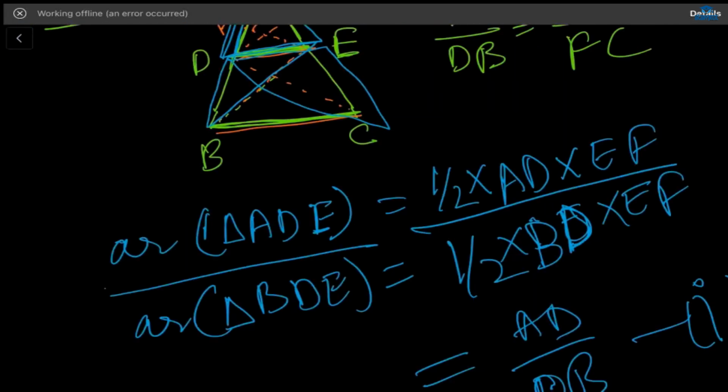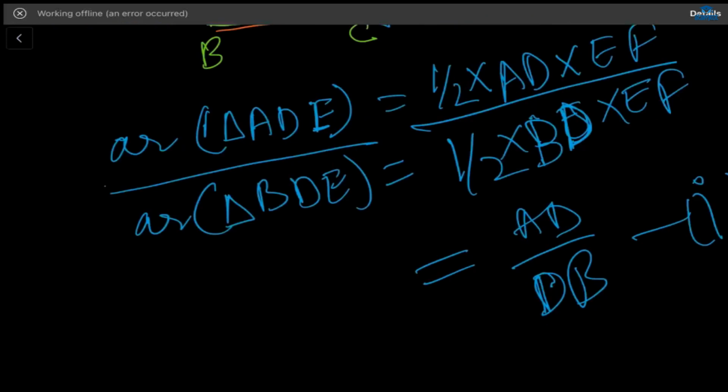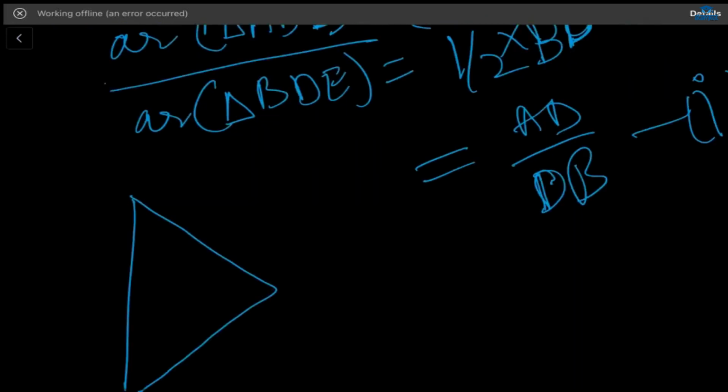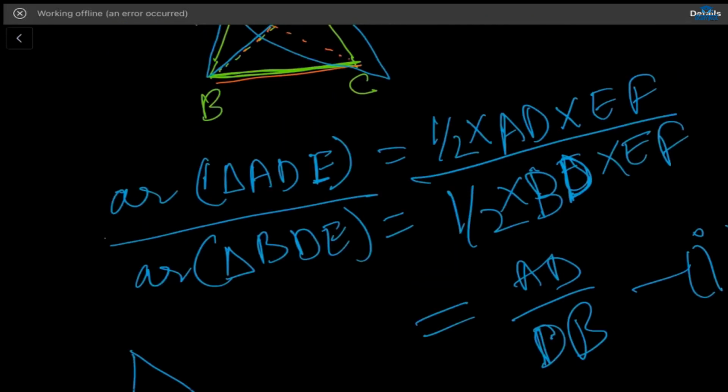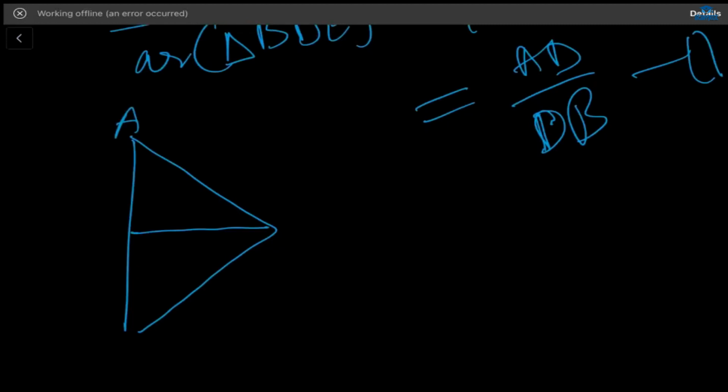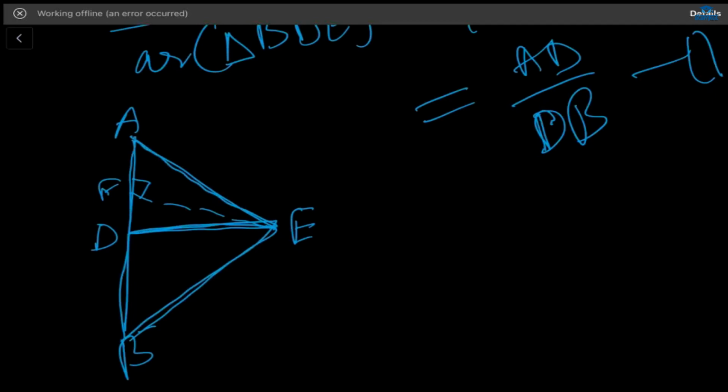See, we are taking this blue portion only. Here I'm just drawing that much, that is A, D, and this is E, and this is B. And from here we have drawn a perpendicular line F. Now one triangle is ADE, and the other triangle that we are taking is BDE.